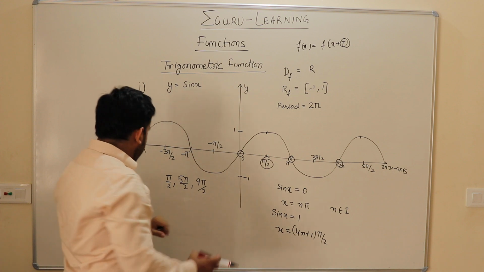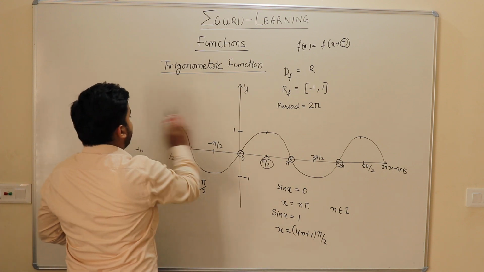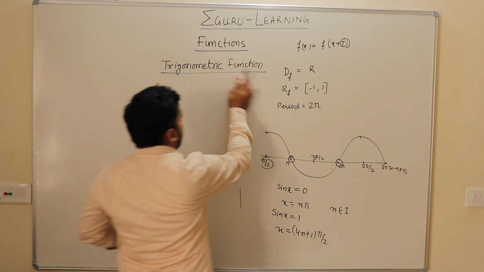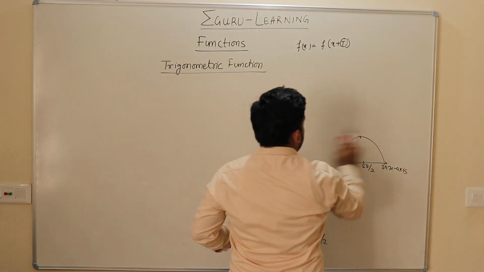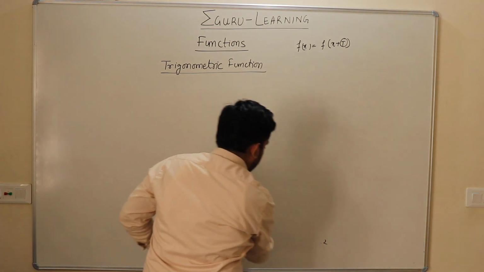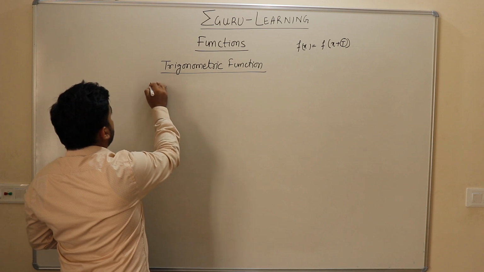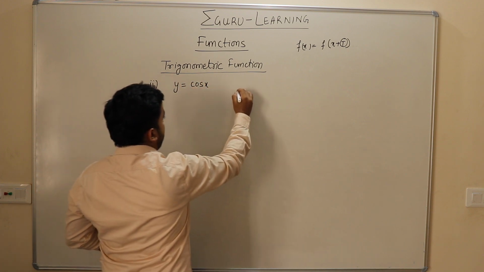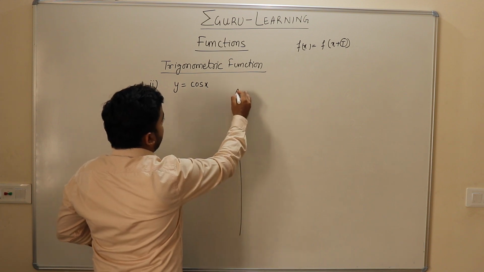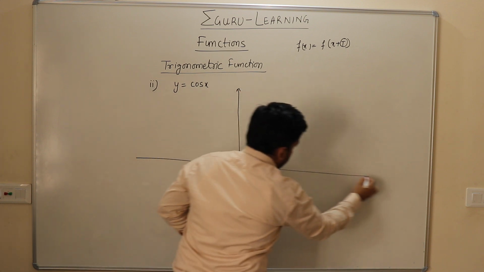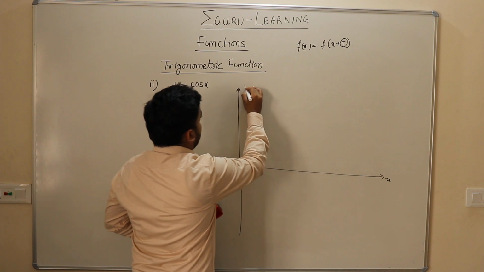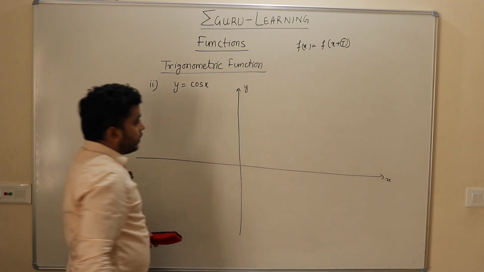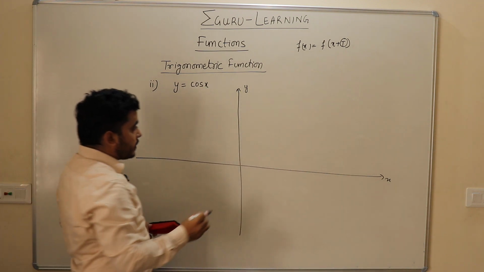Now let us talk about the second trigonometric function, y equals cos x. This is the y-axis, this is the x-axis. Now we are talking about the y equals cos x graph.